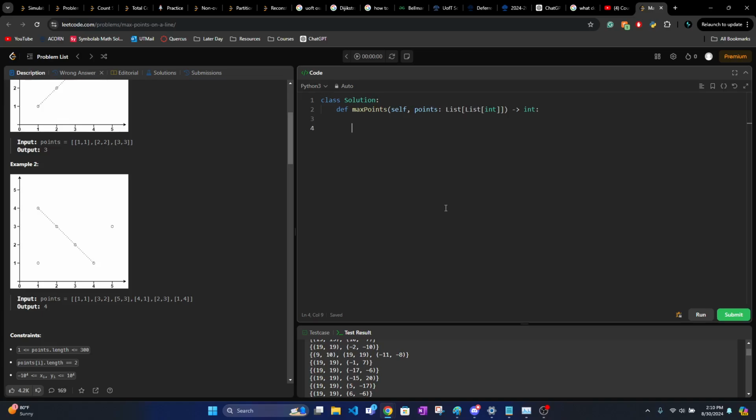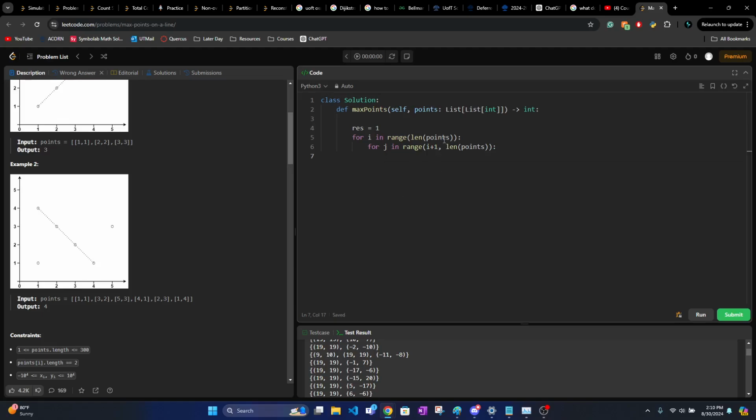We can have res equal to 1 at first, and we say for i in range of points, and then we'll say for j from i plus 1 to len of points.